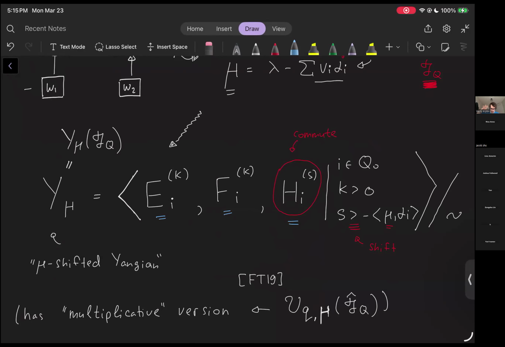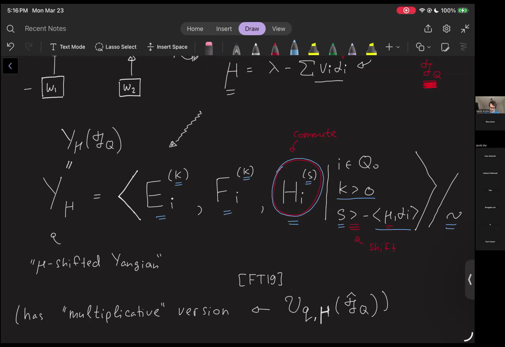These are loop versions of the ordinary generators, because we have additional indices k and s here. k should be greater than 0, and s should be greater than minus the pairing of mu with alpha_i. That's where the shift appears in this story. The labelings for the H's depend on mu, on this shift. Then you mod out by some relations, and the relations are literally the same as for the usual Drinfeld Yangian. In particular, all of these H's commute with each other.